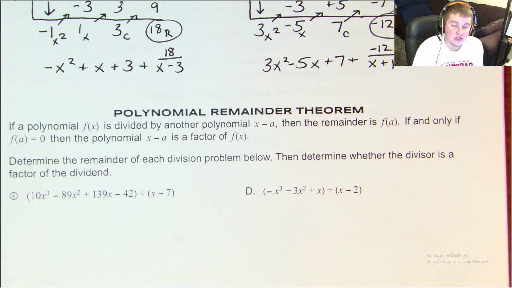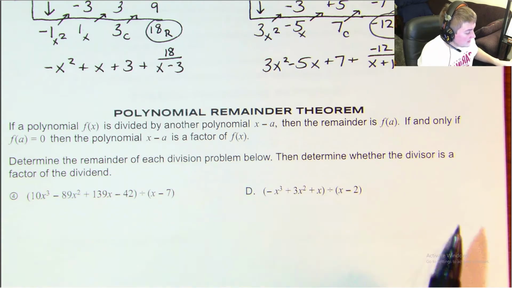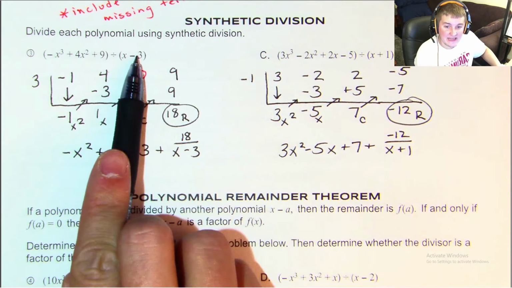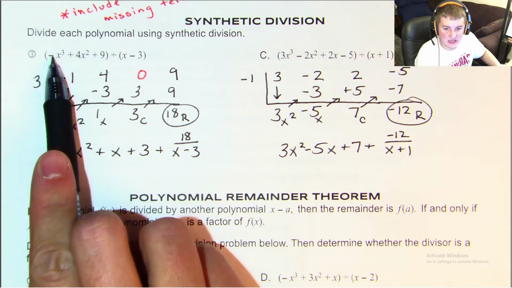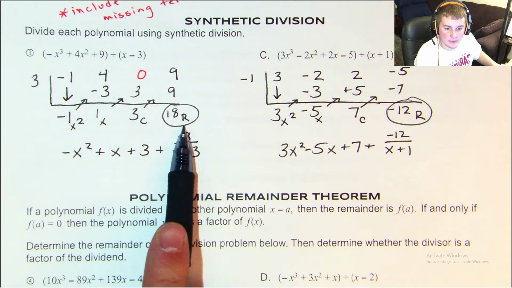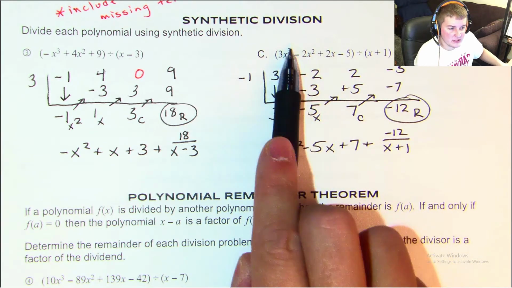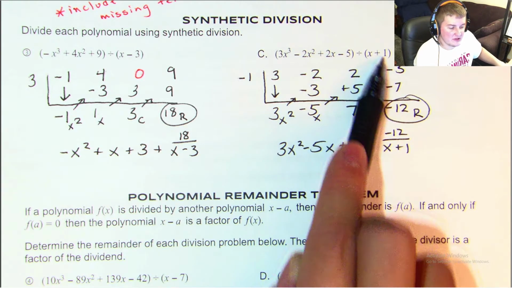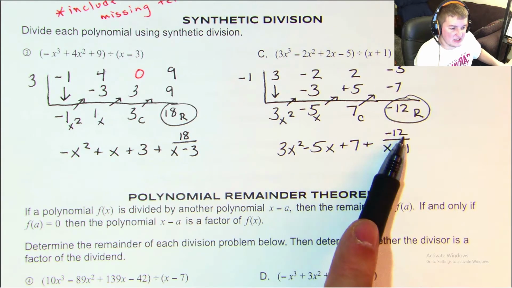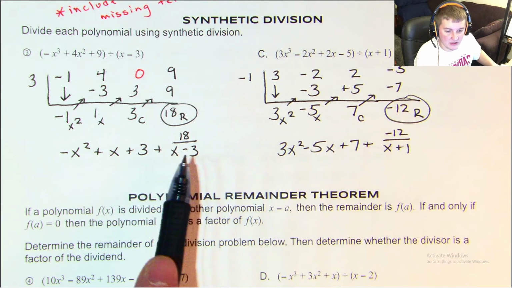That means 4 is a factor of 8. But 4 is not a factor of 7 because there's a remainder when you divide. So x minus 3 is not a factor of this expression because I got a remainder. This, x plus 1, is not a factor of this because it doesn't divide evenly into it. I get a remainder. As you can see here, these are wonky, clunky remainders.